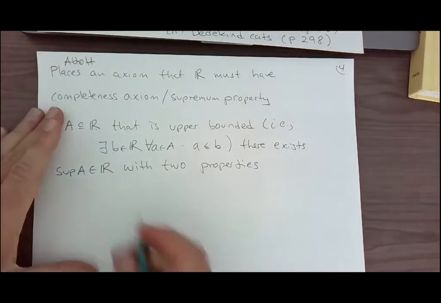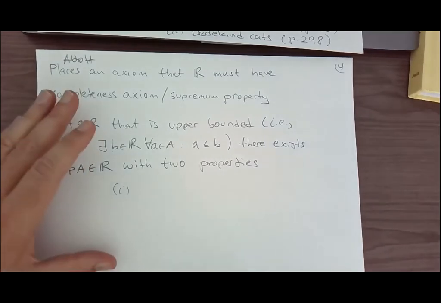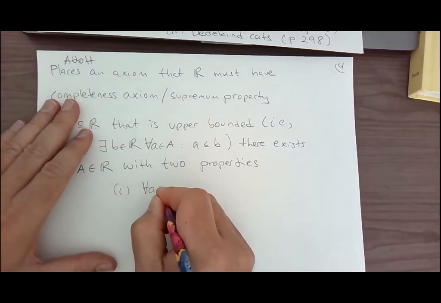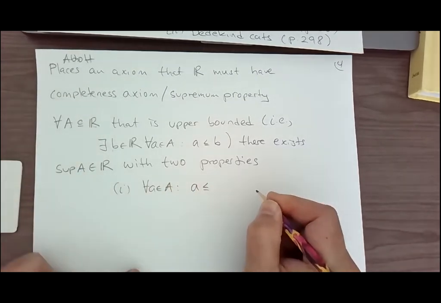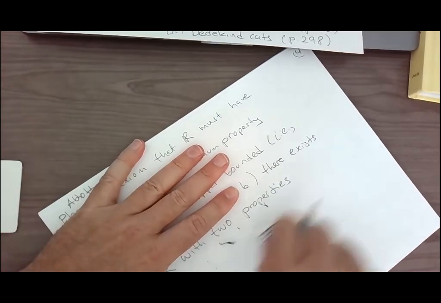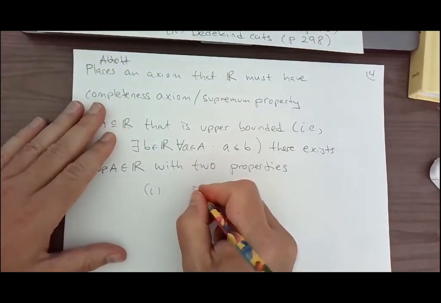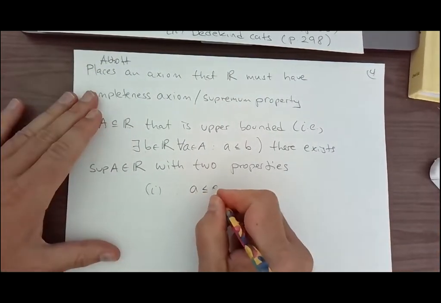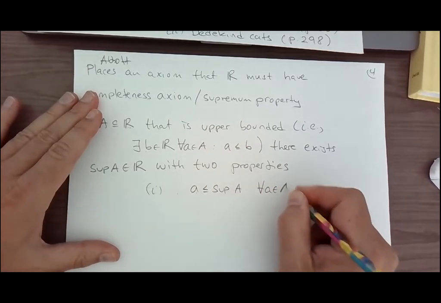So first of all, it's a big number. Sup of A is a big number. So for any a in A, we'll have that a is less. Maybe I should write it in the other direction. This is the more common way of writing it. So a is less than sup of A for any a in capital A.